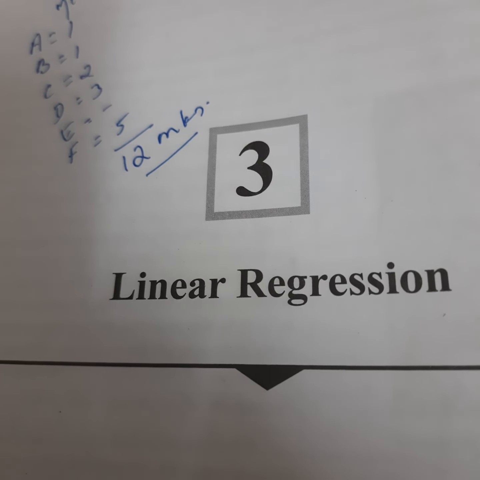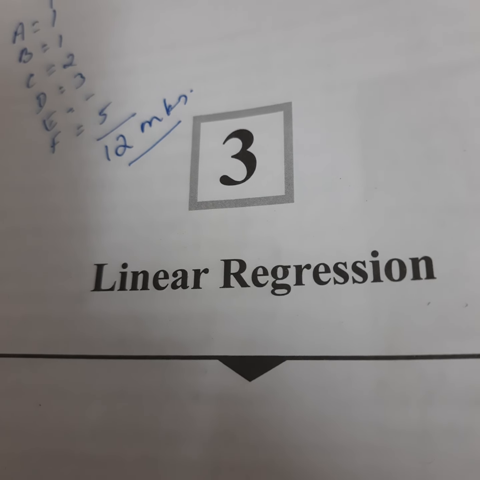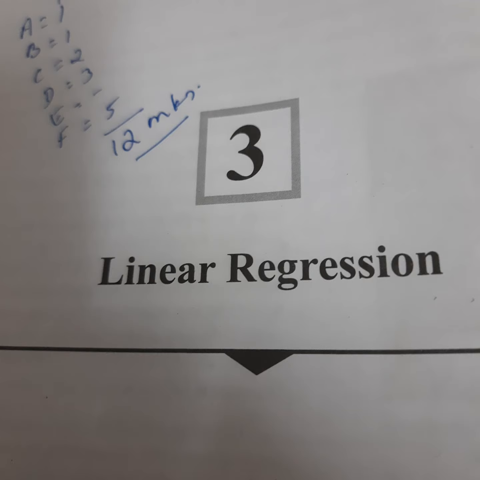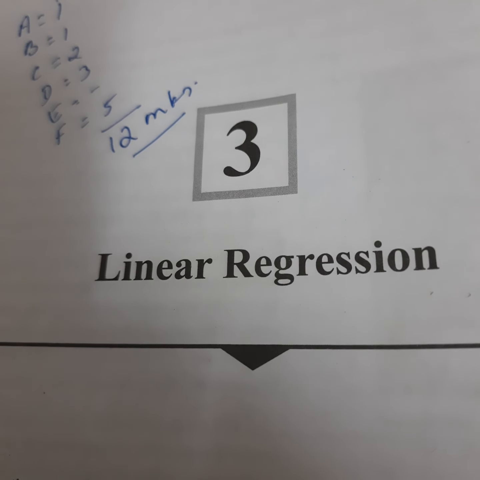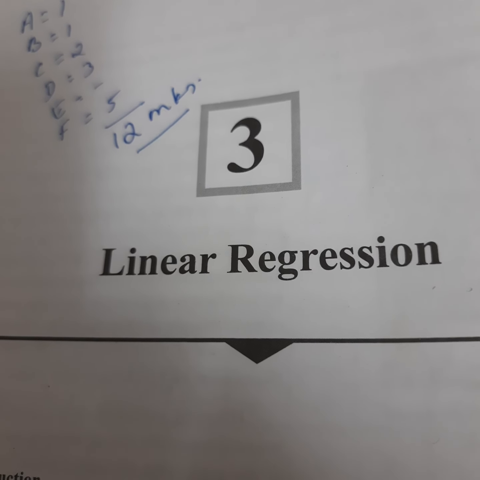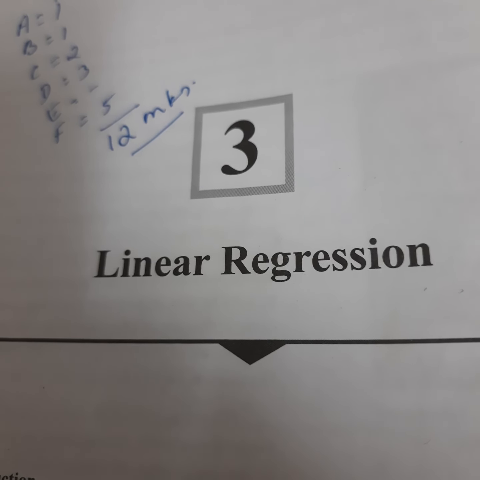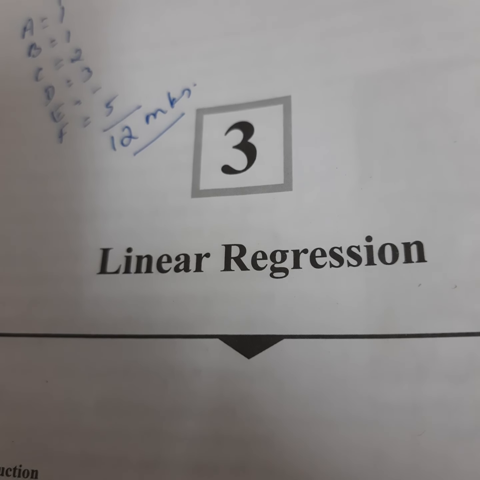Before understanding the linear regression chapter, you should be thorough with linear correlation. We had seen linear correlation earlier, where we said there can be linear correlation between two variables.